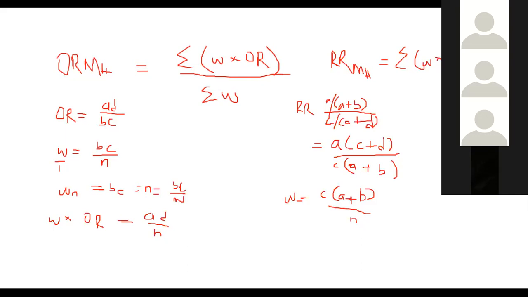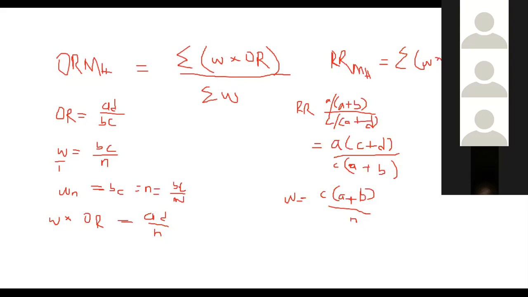If you cross multiply, this one and this one will leave. This one is over 1, so WN multiplied by OR will be equal to AD. So you now say WN OR is equal to AD over N. That's what brought this one. Yes, it's the same thing.